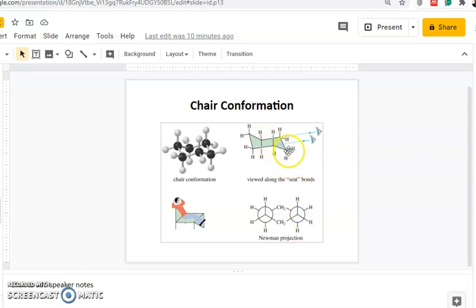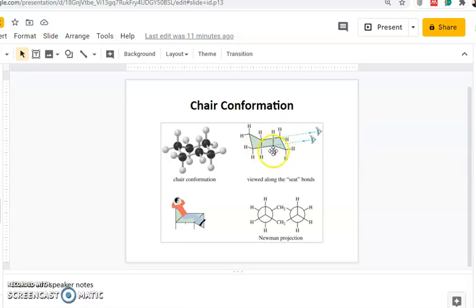This is the third carbon, and behind the third carbon you have the fourth carbon, also given as a circle. So behind 1 you have the sixth carbon, and behind the third you have the fourth carbon.